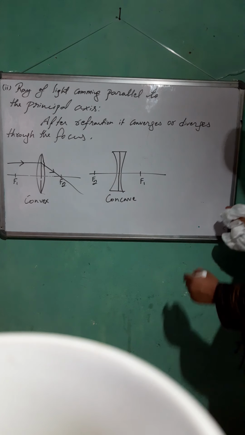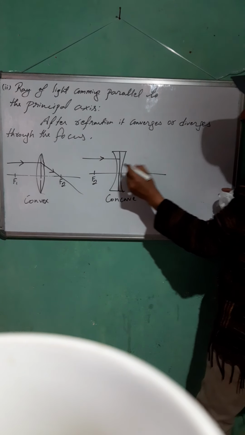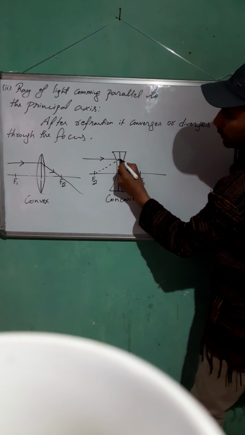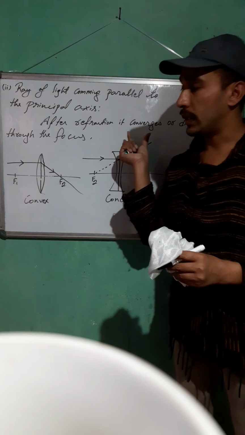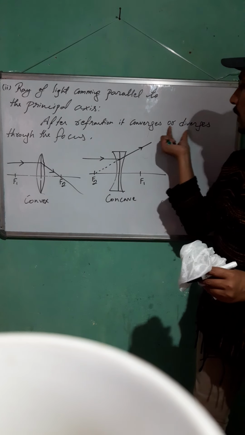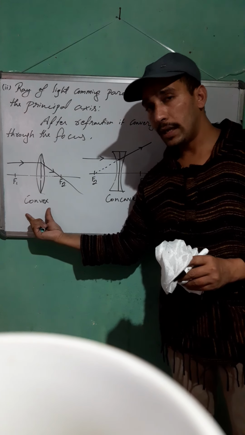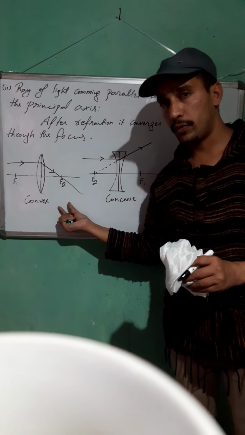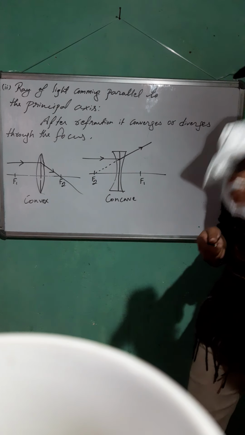In case of a concave lens, if a ray of light comes parallel, it diverges through the focus, out from this point. So I have written this statement: after refraction, it converges or diverges through the focus. In case of a convex lens, it converges towards the focus, and in case of a concave lens, it diverges through the focus.